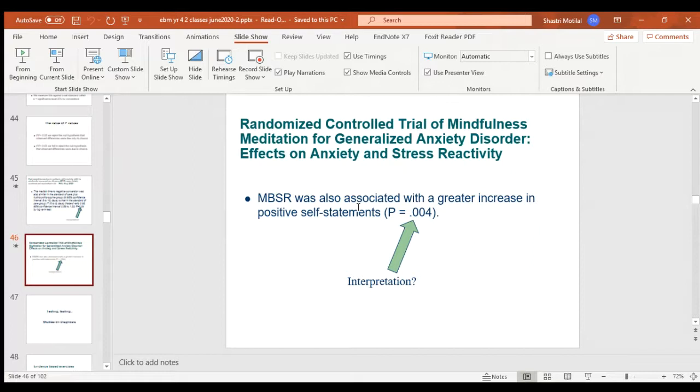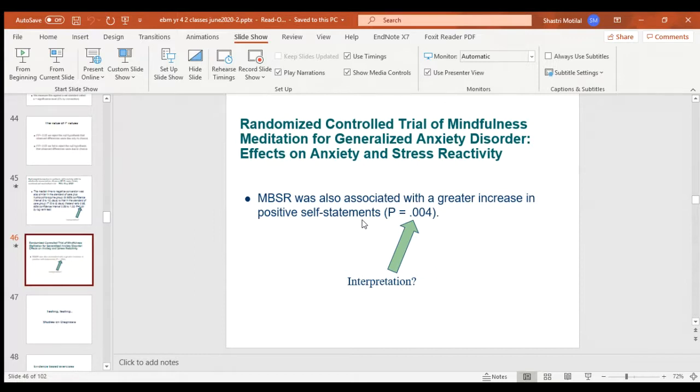So what is the interpretation here? Is 0.004 more than 0.05 or less than 0.05? It is less than 0.05, so it means it is significant. It means, in this case, mindfulness-based meditation significantly increased the chance of positive self-statements because the p-value is less than 0.05.